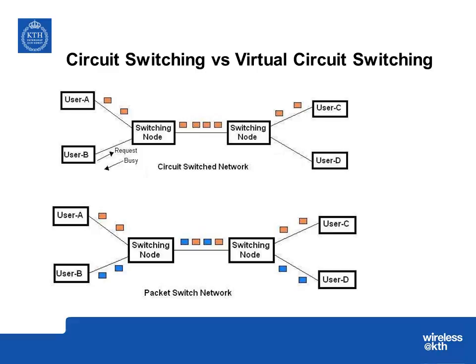So the performance in the circuit switched network can be perfectly controlled by the network, at the expense of users being blocked. In the packet switched, virtual circuit network, the performance experienced by user A and user B will depend on the rate and the usage of the other users.